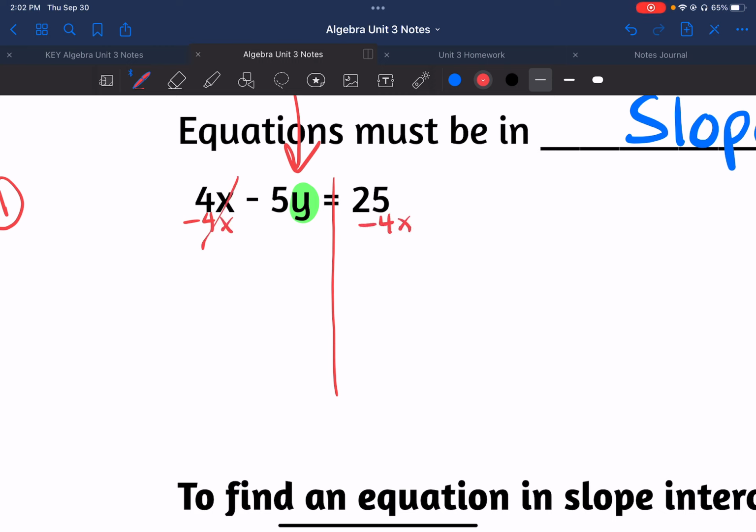We cancel that out. After I've canceled it out, bring down what you have not used yet. I haven't messed with this negative 5y equals, since 25 and negative 4x aren't like terms, they just get pushed together, plus 25. Then here is where you want to divide by that negative 5.